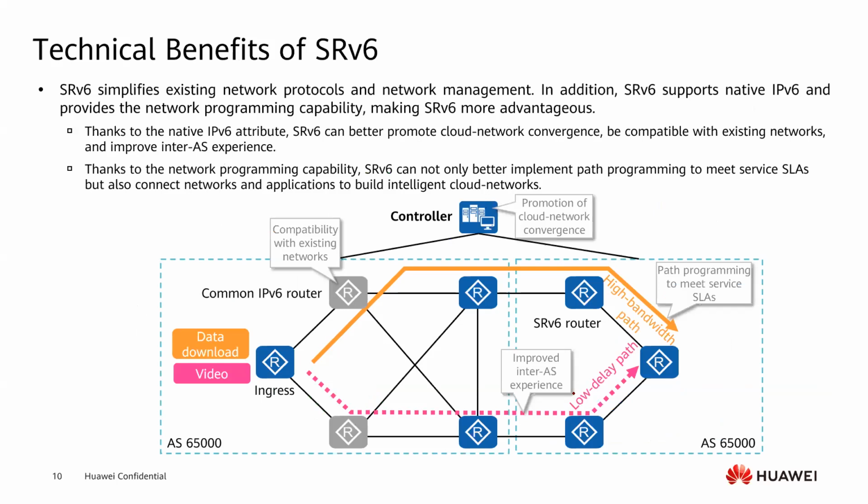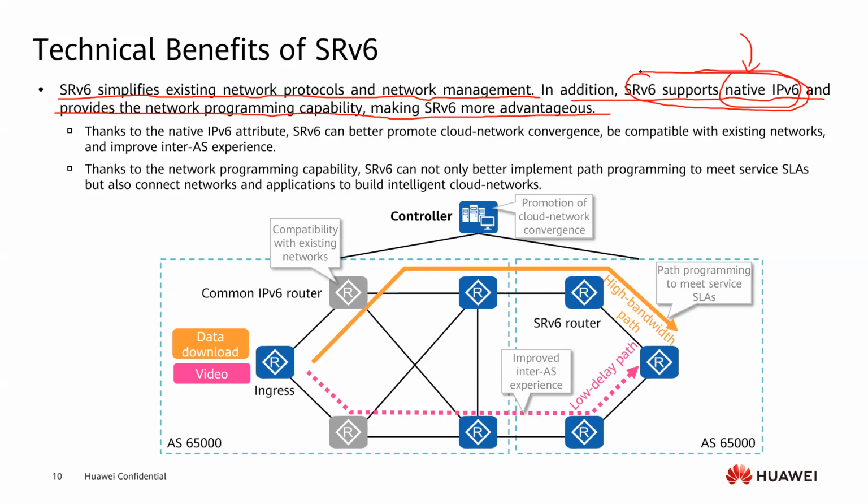Let's look at the next page. SRv6 simplifies the existing network protocols and network management. In addition, SRv6 supports, very importantly, native IPv6 and provides network programming capability, making SRv6 more advantageous. First, native IPv6: SRv6 supports native IPv6.